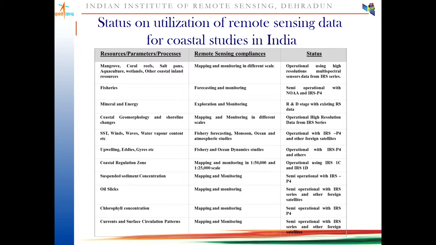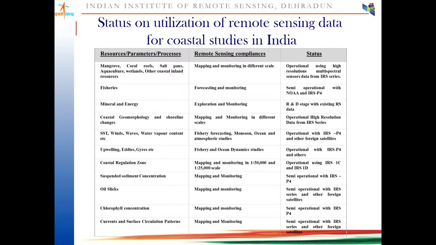When land use land cover like mangroves, coral reefs, salt pans, aquaculture, wetlands, sandy beaches and dunes is concerned, mapping and monitoring at different scales is possible. The status is that they are operational using high resolution multi-spectral sensors from the IRS series and other foreign satellites like SPOT, Landsat TM, ETM, OLI, and Sentinel. So they are operational, there is no doubt.